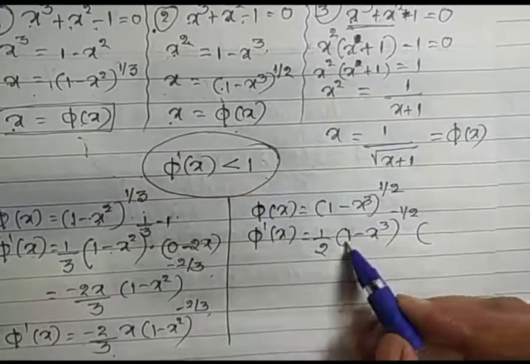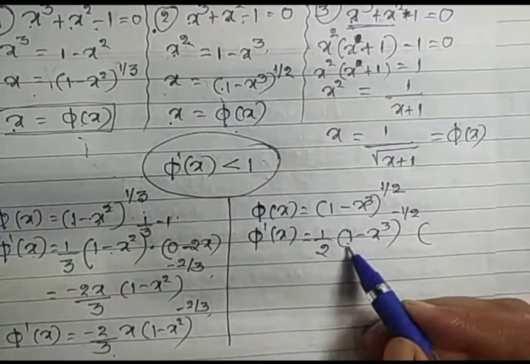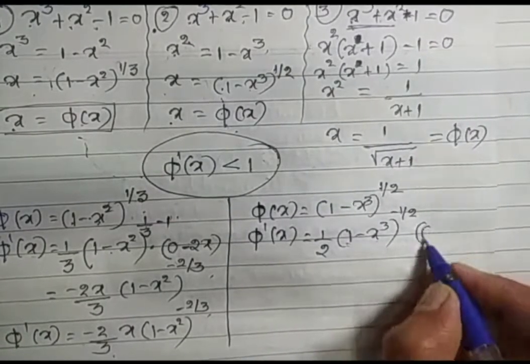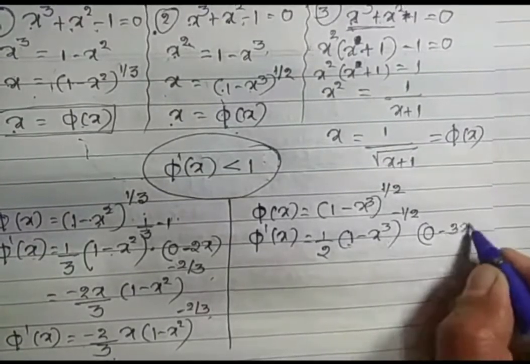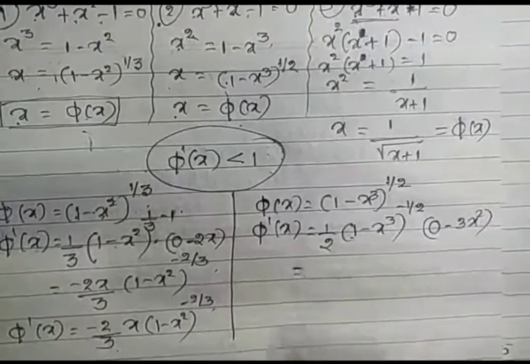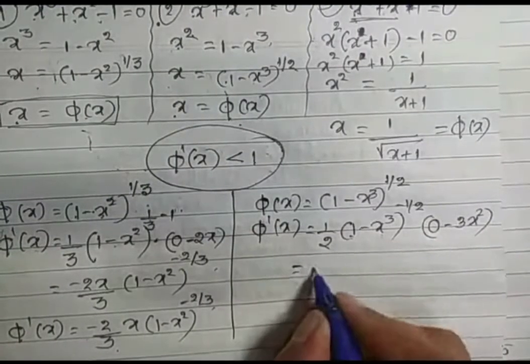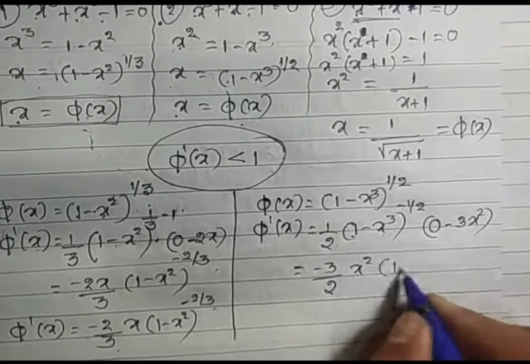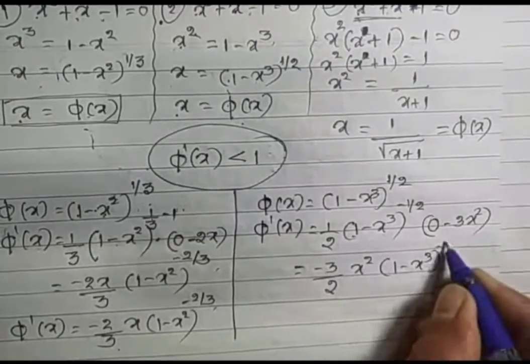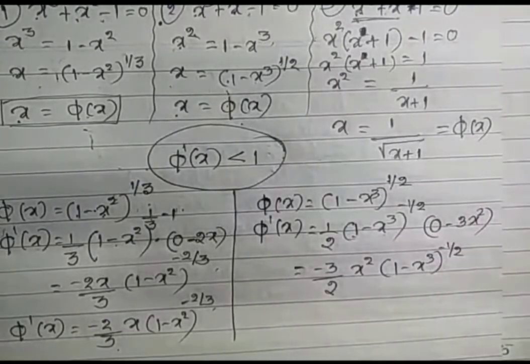Within the bracket, the derivative of 1 is constant, therefore 0, minus x cube derivative is 3x square. After simplification, we get minus 3 divided by 2 x square, 1 minus x cube raised to minus 1 by 2. This is the second case derivative.